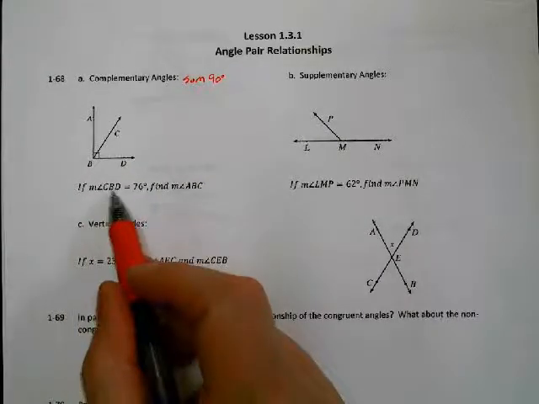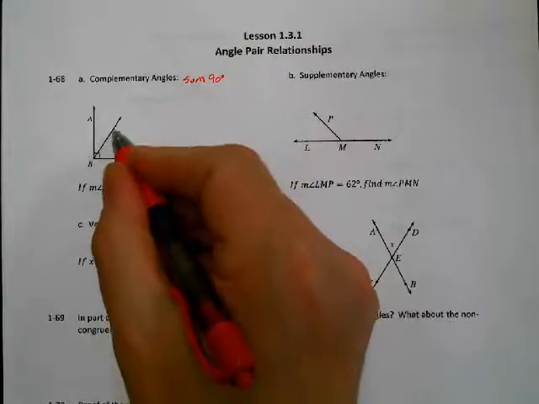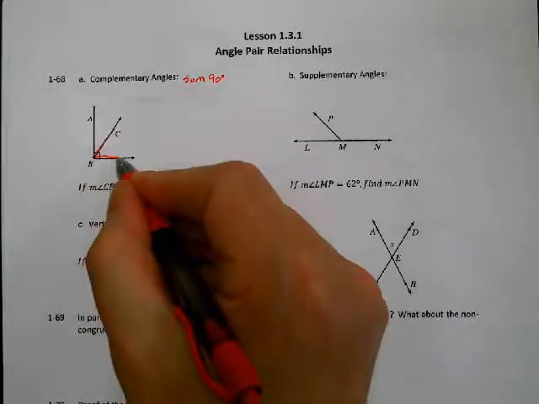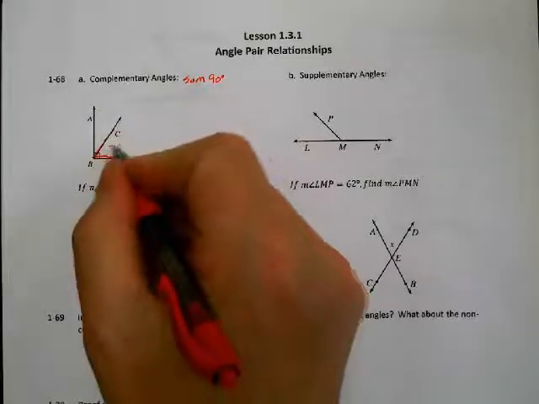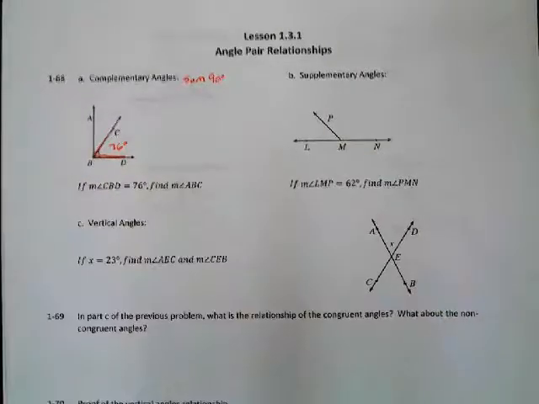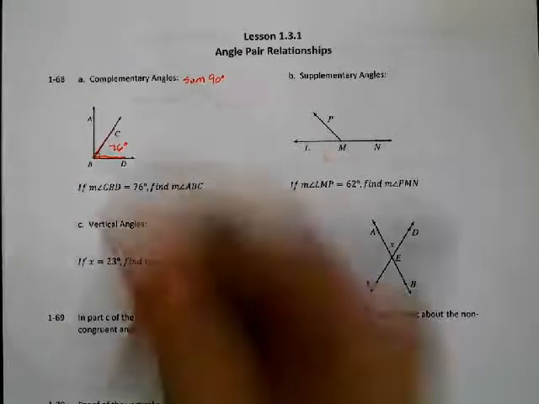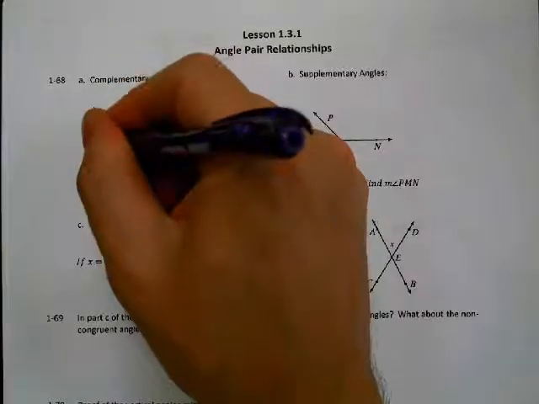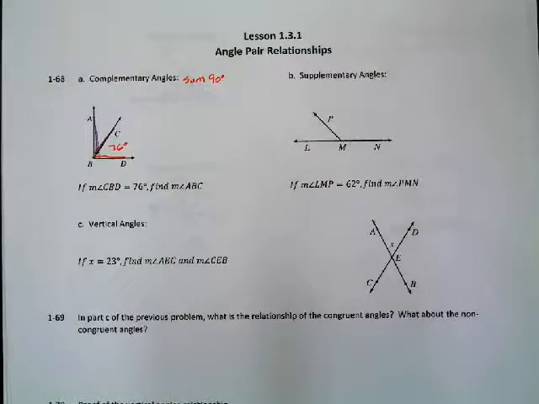It says here if angle CBD is 76, let's see where CBD is. We're talking about that angle right there. They're saying that angle is 76 degrees, and they want us to find ABC, which is this other angle over here. So those are the two adjacent complementary angles.